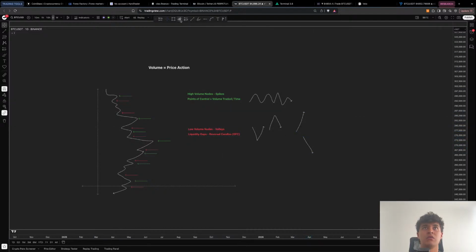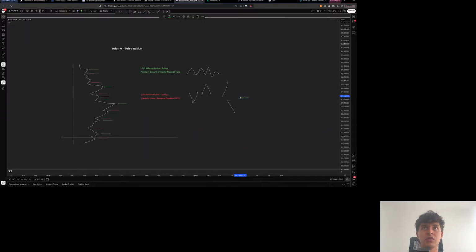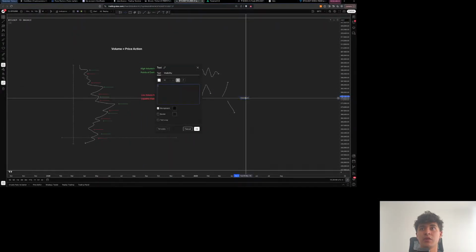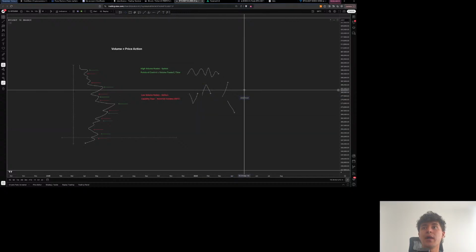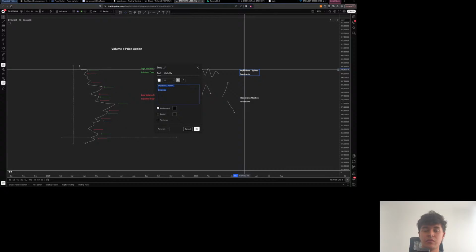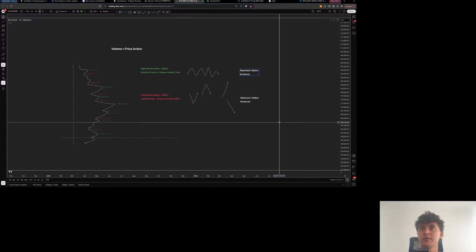So to highlight this, on low volume nodes we are going to see rejections, spikes, or breakouts, while on the high volume nodes we are going to often see consolidations. Perfect, guys. Let's continue.